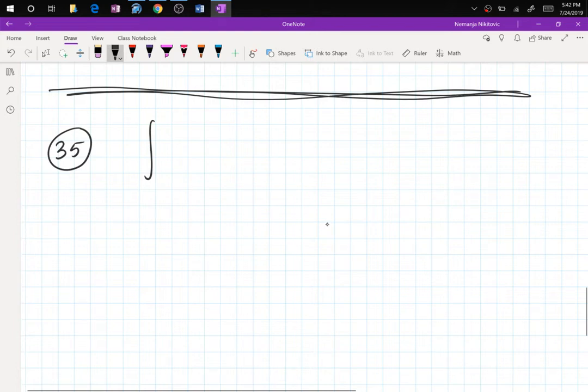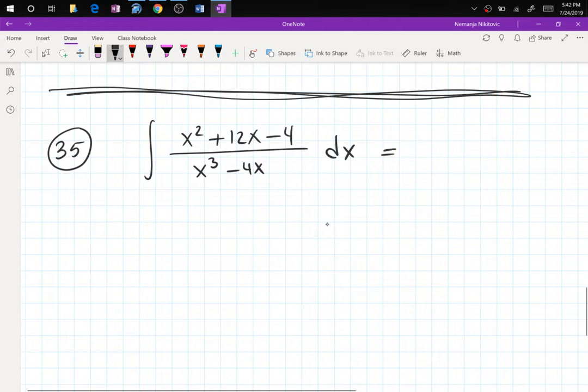Problem 35 is the integral of x squared plus 12x minus 4, divided by x cubed minus 4x, dx. Step number 1 of your life: can I avoid this terrible technique by u substitution?